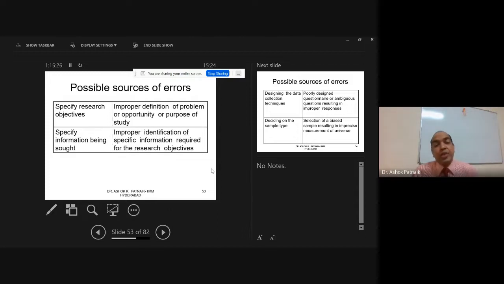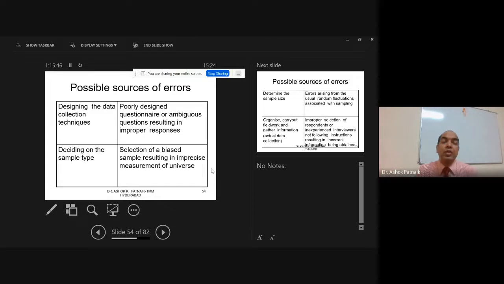Then sometimes specific information is required by the researcher, but the researcher has not received this information. In that case, it is very difficult for the analyst to match it to the research objectives, and again that error comes in.